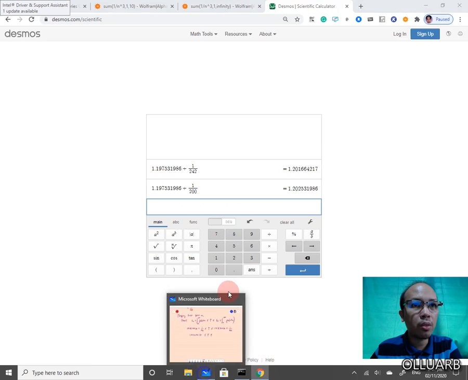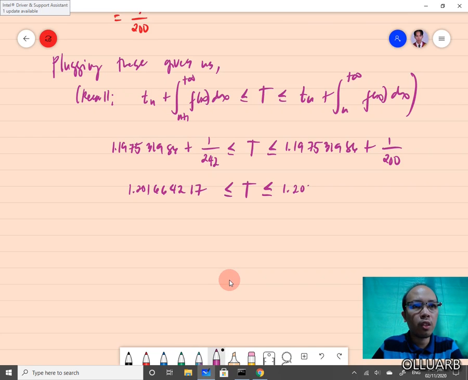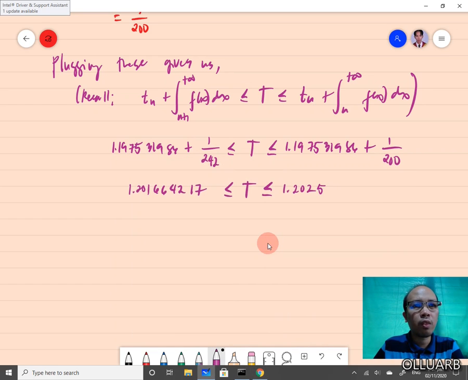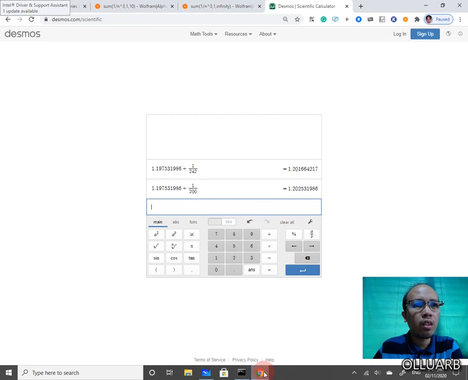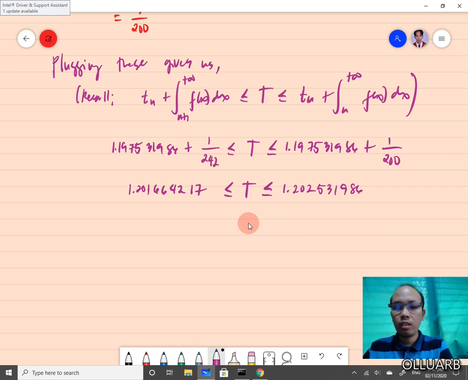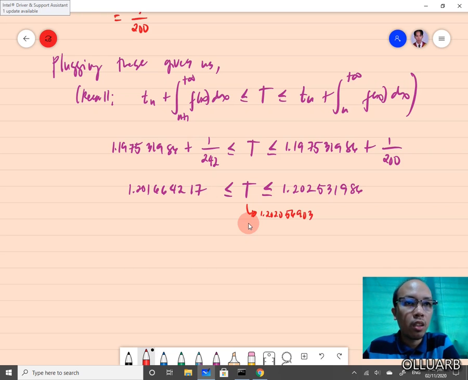So this is 1.2025319 86. Okay, so if you recall the actual value of the sum of the series, this is 1.2020569 approximated to 10 decimal digits.